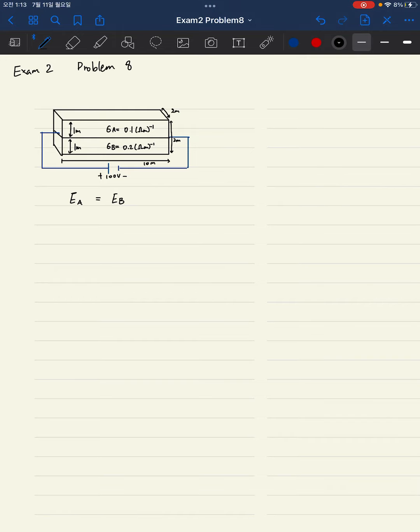But before that, we're gonna calculate the electric field, which is equal to the potential difference over the length. These are both given in the problem: 100 volts divided by 10 meters. And we can say that this is 10 V/m.